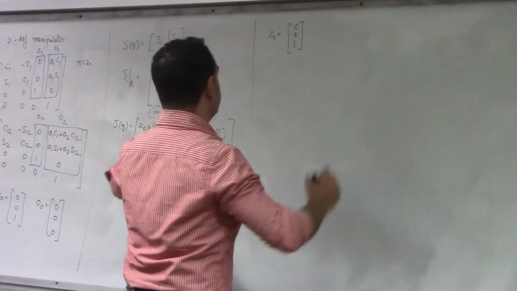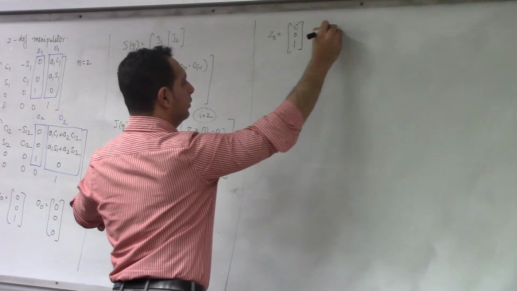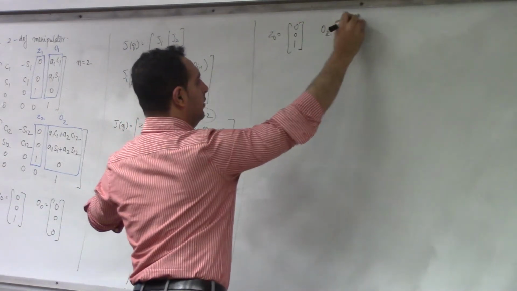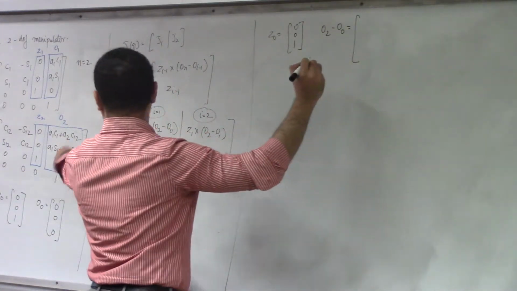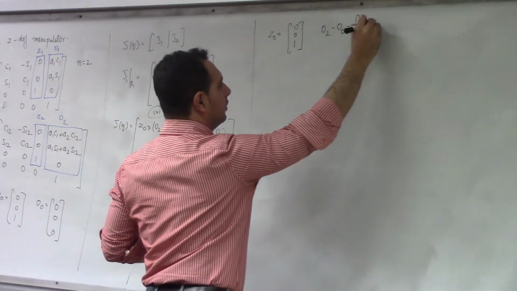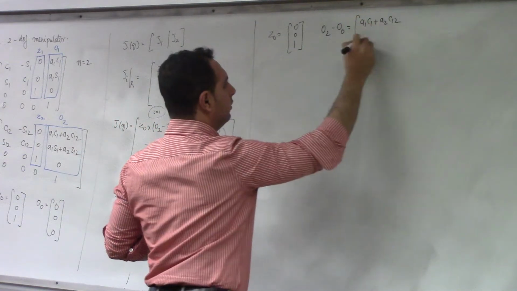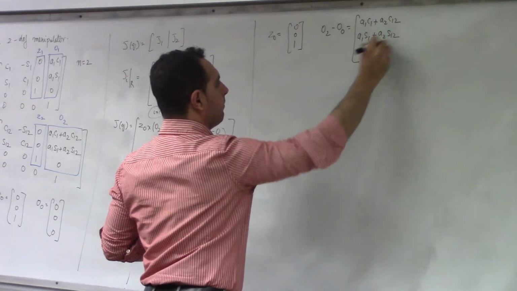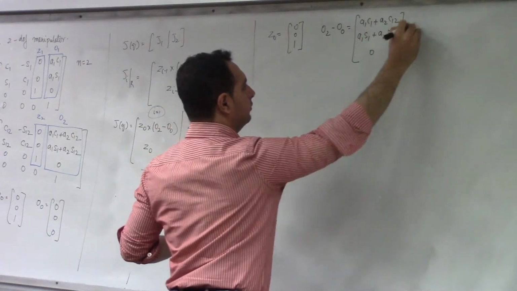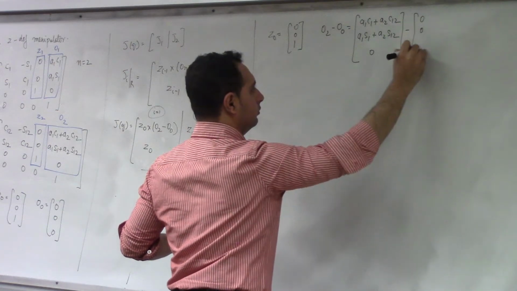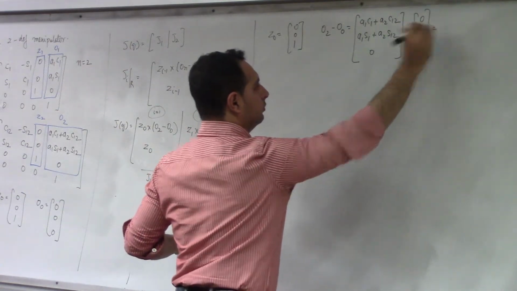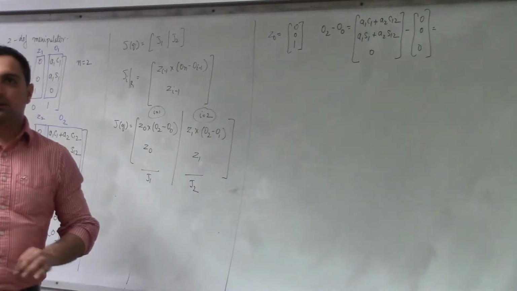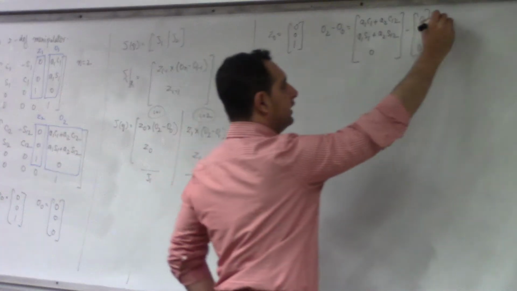And O2 minus O0 will be equal to, O2 is this, A1 cos 1. It will be the exact same thing.